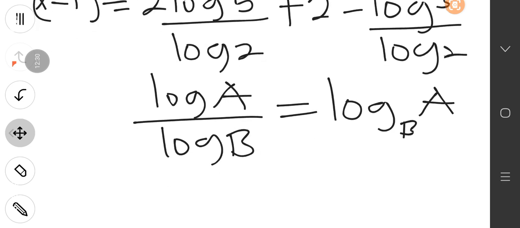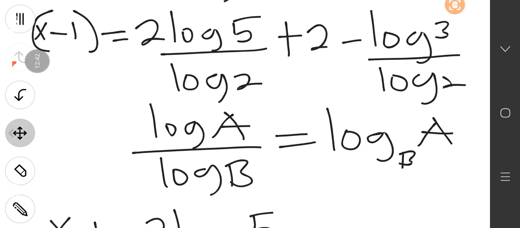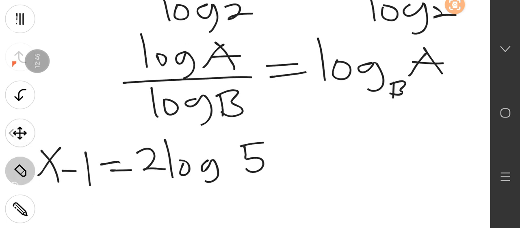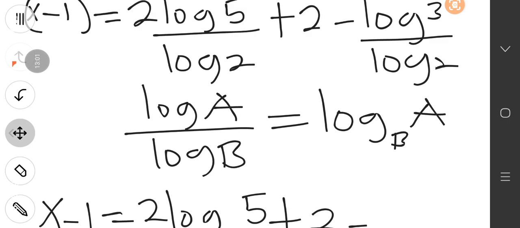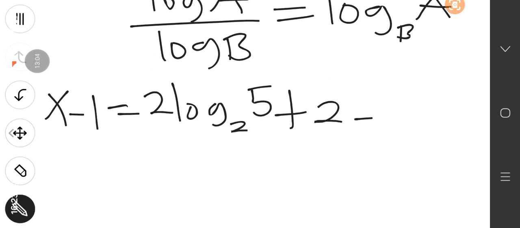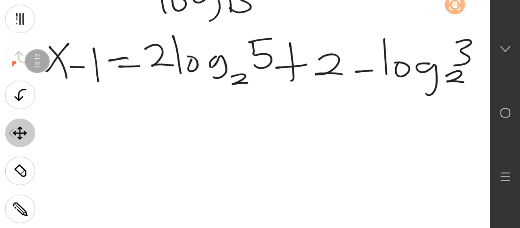So our equation is going to be x minus 1 equals 2 log 5 base 2 plus 2 minus log 3 base 2.